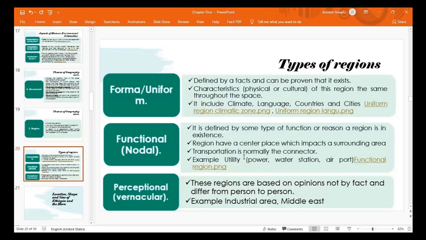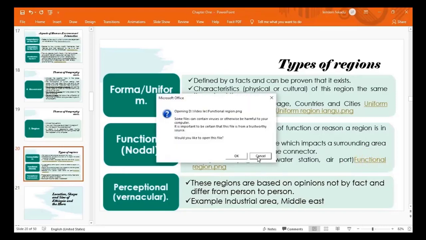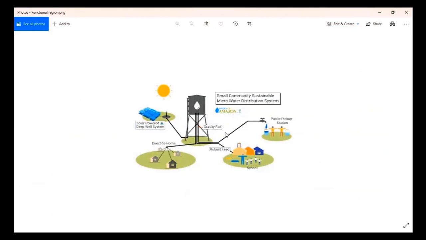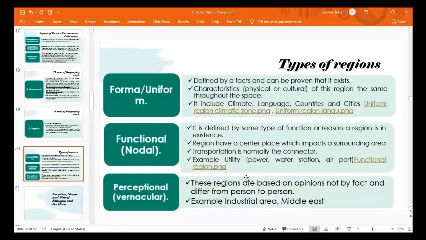You can take examples of utility, for instance, power station or power regions, water station, airport. These are regions which are formed or defined by some type of function. Such a type of region is known as functional or nodal.